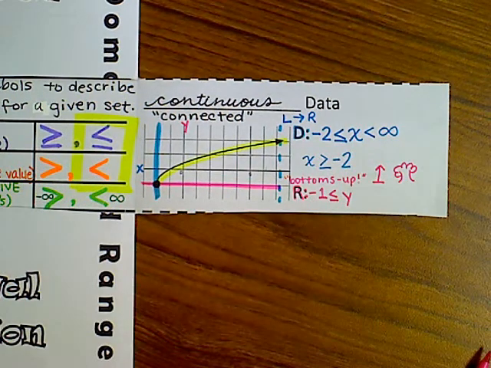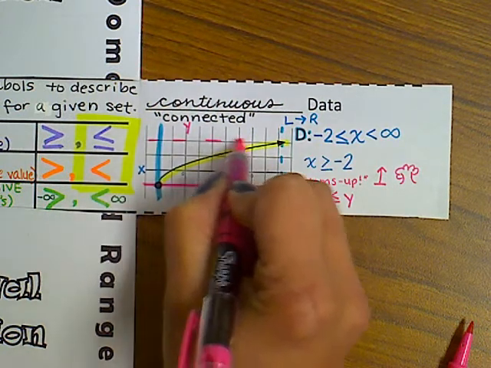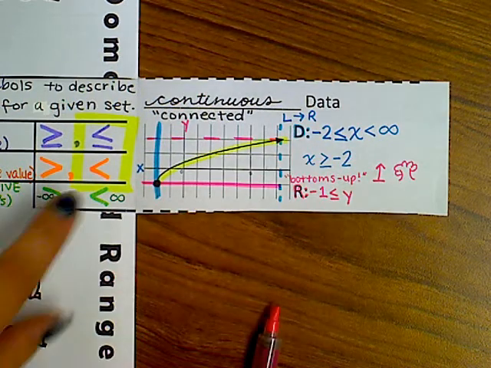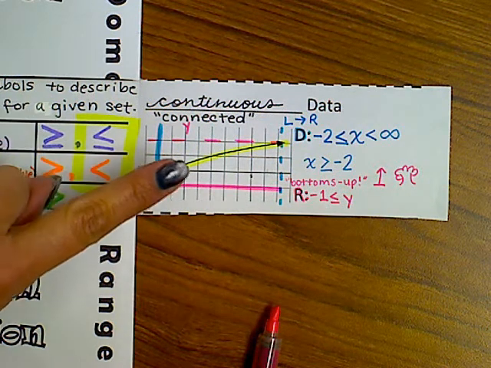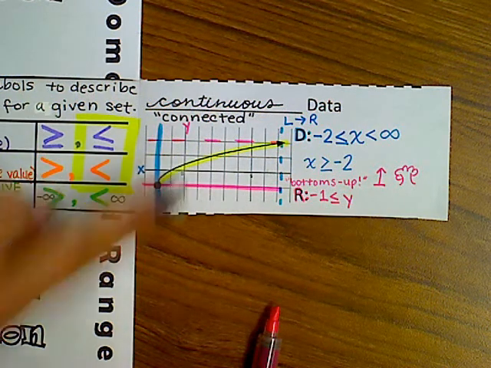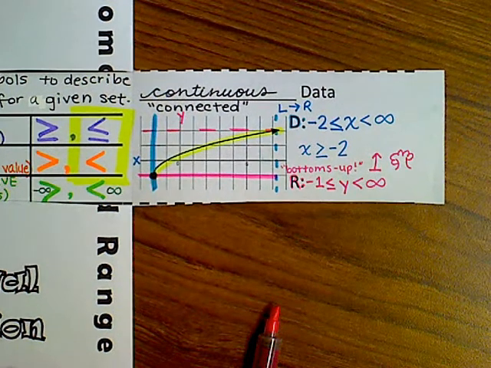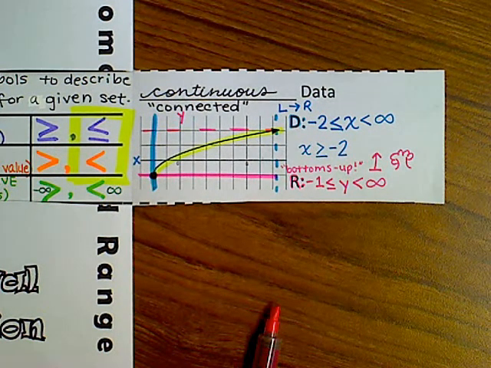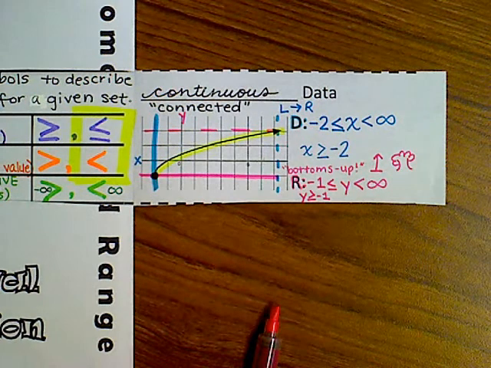So lastly, let's follow it all the way up, and again, we have an arrow. This arrow is pointed not only to the right, but also in an upward direction. So y is less than infinity. Now, we can also rewrite this without the infinity sign.